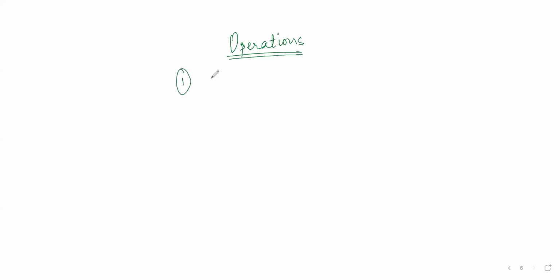Operations में सबसे पहला operation union. A is 1 2 3, B is 4 5.